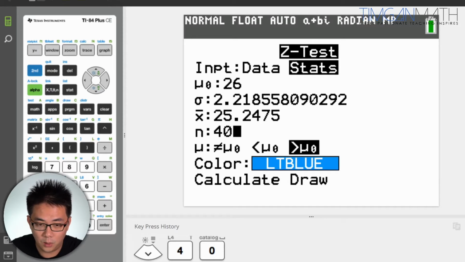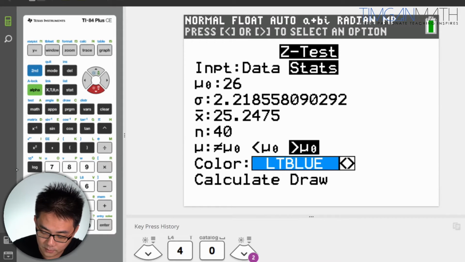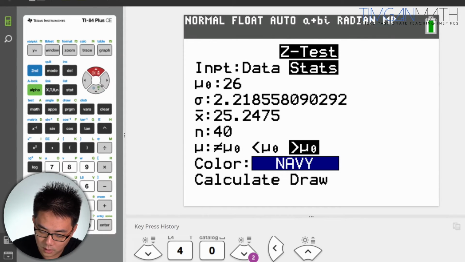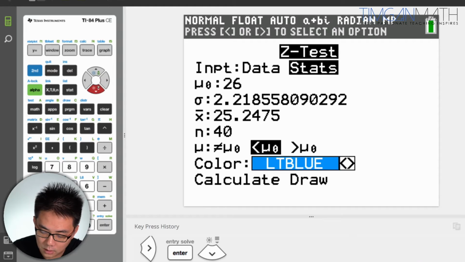Once that's done, we go to less than. We're looking at less than.